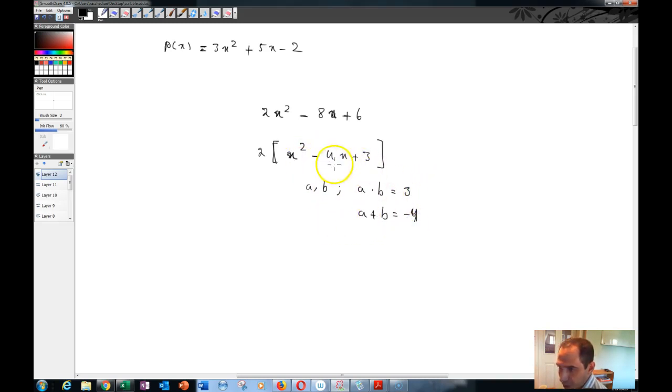And we found the numbers, and it was easy to find the two numbers that way.